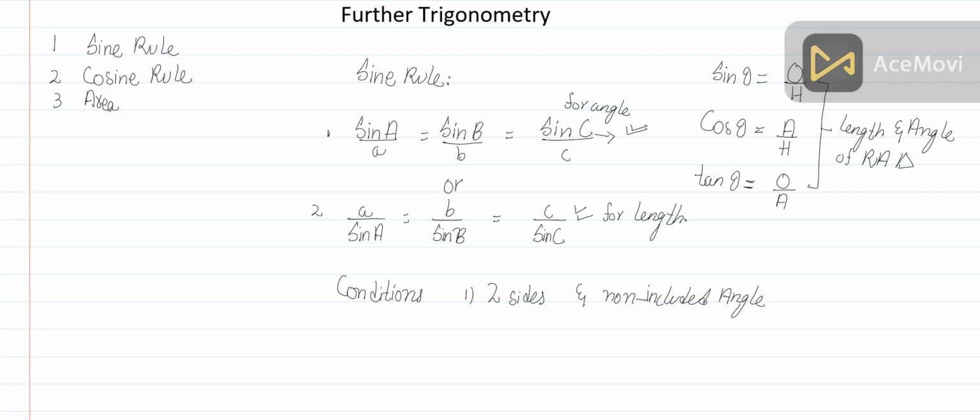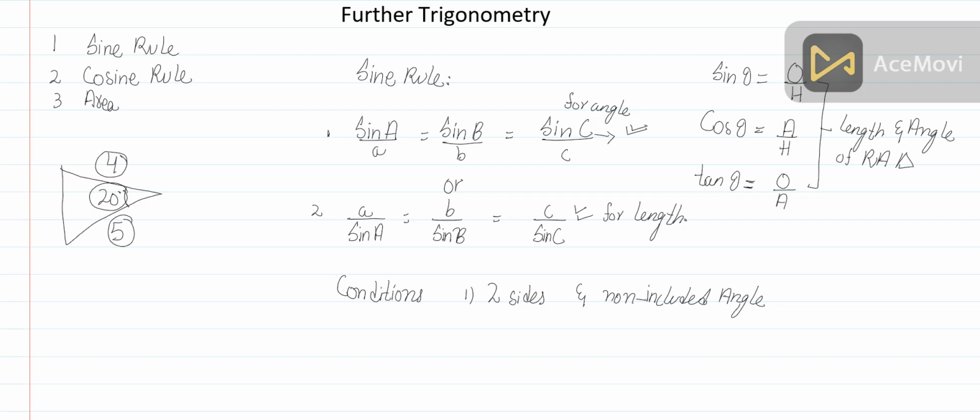If you look at the left side of the screen, I'm drawing the diagram here like this. This is not a right angle triangle, this is a triangle, and this side has a length of 4 and this side has a length of 5. If the angle given to you is 20, look, this angle is present between two known sides.